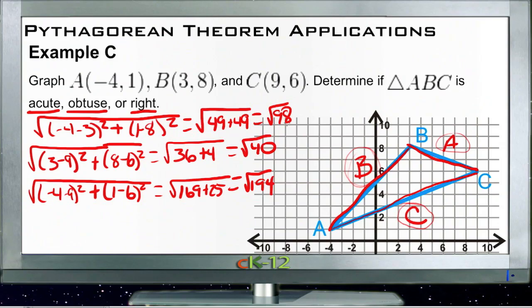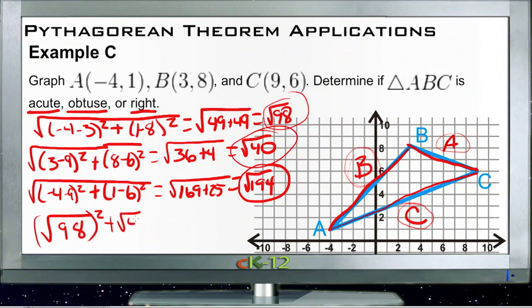So then what we're doing is finding out whether this squared plus this squared is equal to, greater than, or less than this squared. So we have the square root of 98 squared plus the square root of 40 squared, and the square root of 194 squared. And the question is, how do those relate?